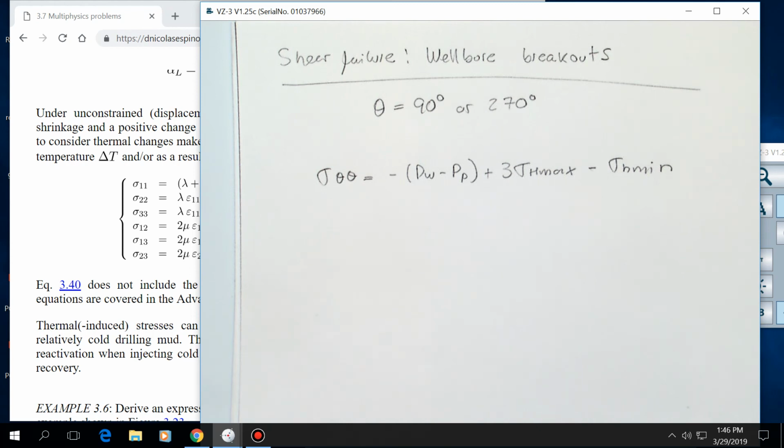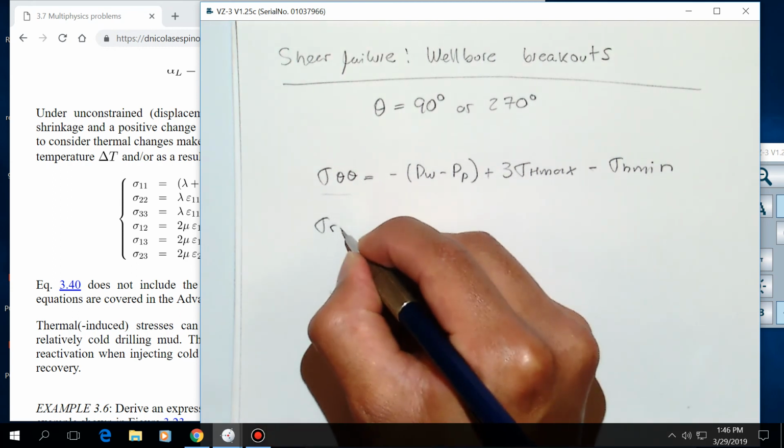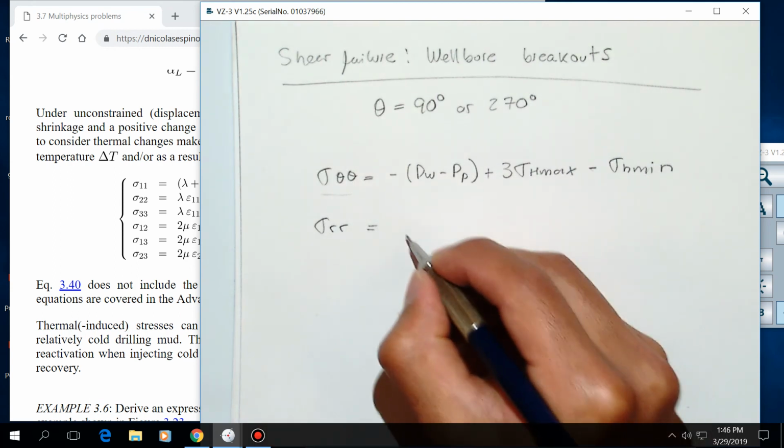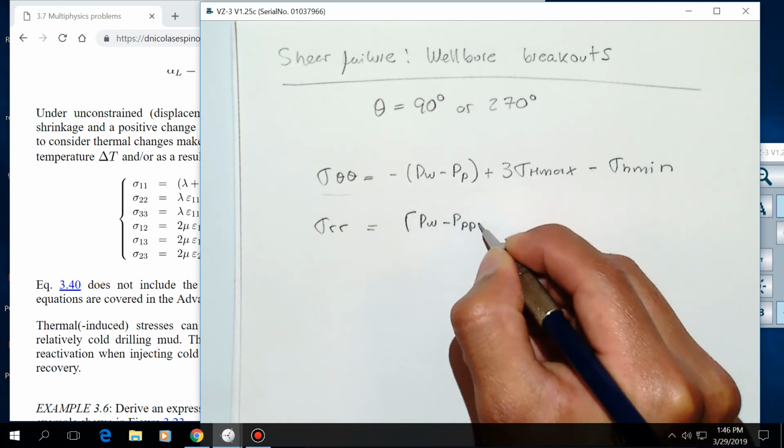In the wellbore, I have sigma theta theta, and I have sigma r, which I know is PW minus PP.